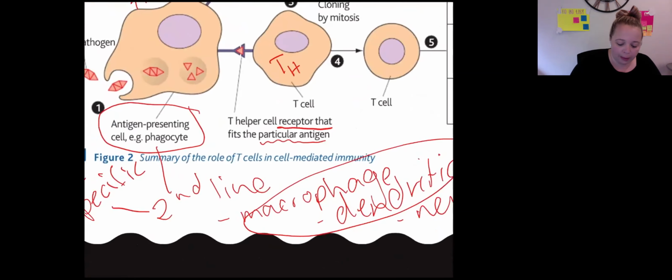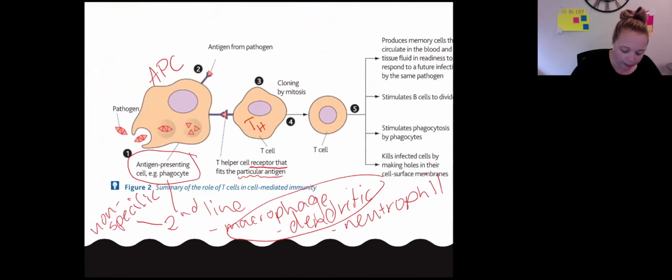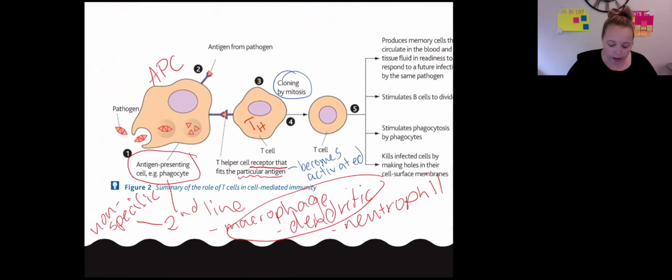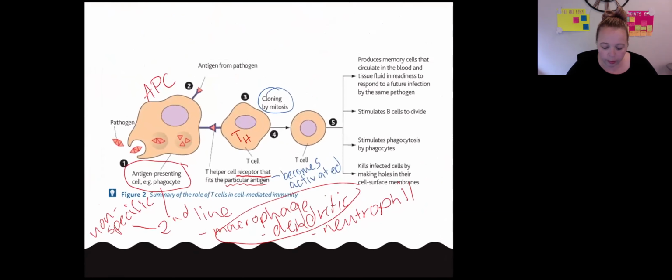Now, when that happens, it becomes activated. Once activated, it can clone itself, redivide, and so on and so forth. We're not going to focus on stimulating the B cells to divide, because that's going to come back later, but it can do a number of things.